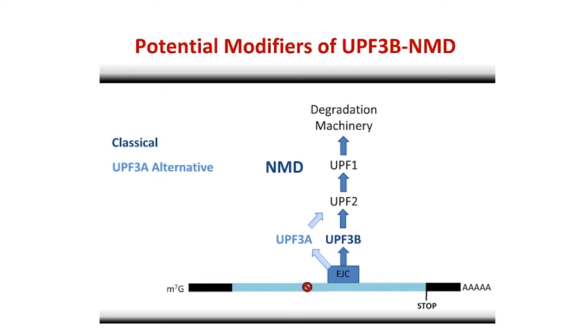That being that UPF3B has a paralog called UPF3A, and they are somewhat functionally redundant, so that in the absence of UPF3B, nonsense-mediated mRNA decay can still function at a certain level because UPF3A can functionally compensate for this loss.